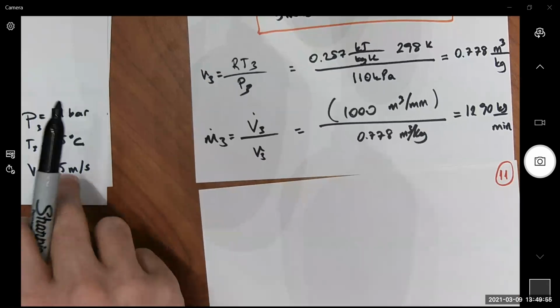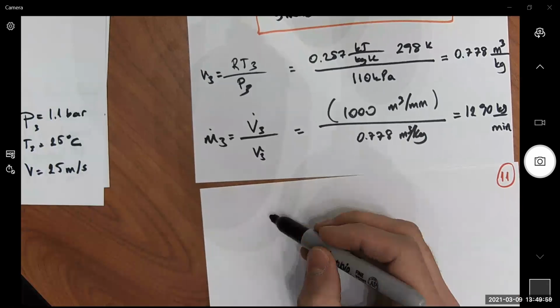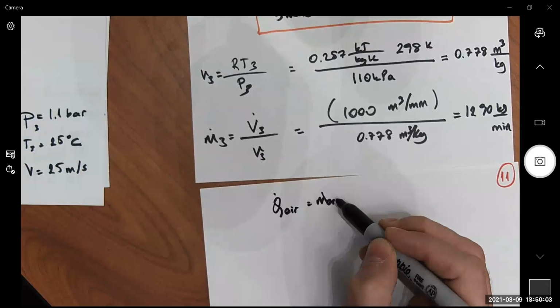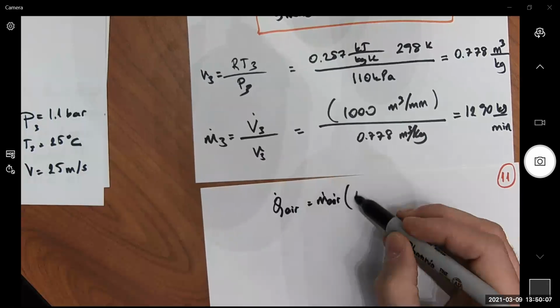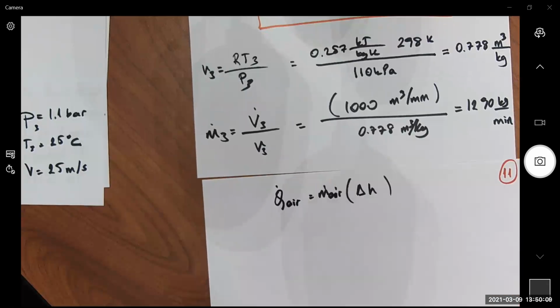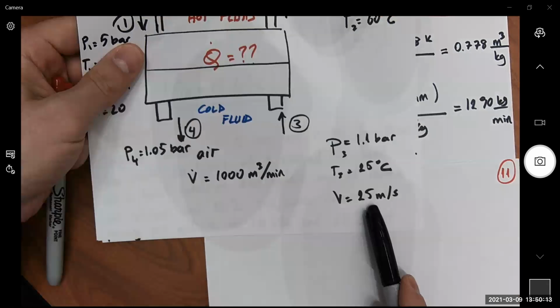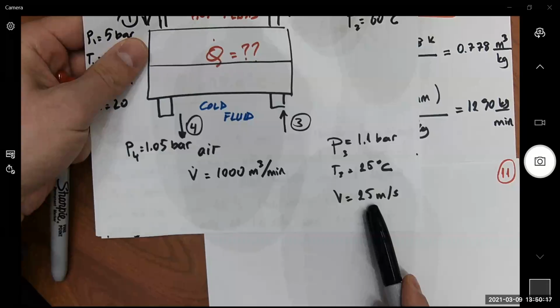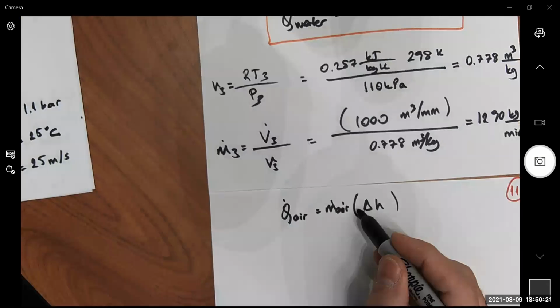So Q air is the air mass flow rate times delta H. But here, right, velocity is given for another purpose. I'll explain shortly. From 3 to 4, right?